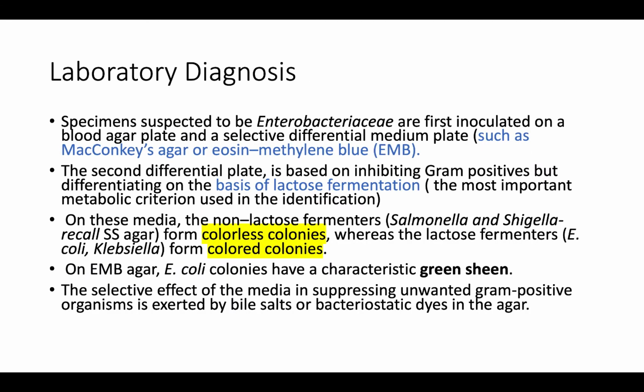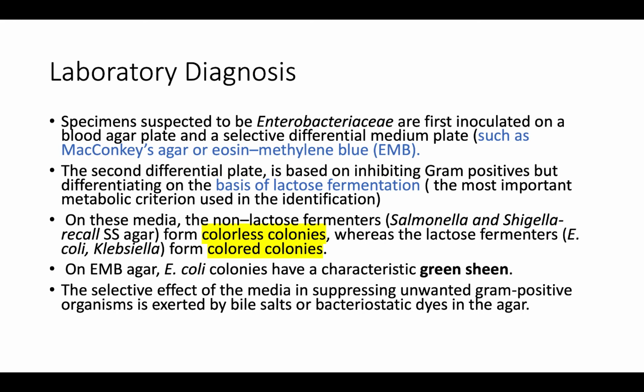Lab diagnosis. Specimens suspected to be Enterobacteriaceae are first inoculated on blood agar, then MacConkey, then maybe EMB agar, and then you do other differential tests. The main thing is that you want to put bile salts to inhibit most of the gram positives, and then you want to differentiate them on lactose fermentation. We talked about this with MacConkey.